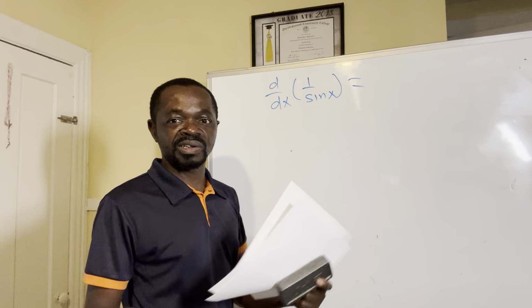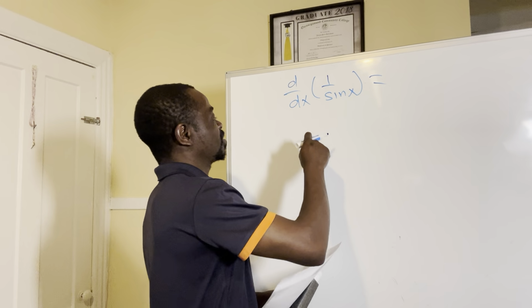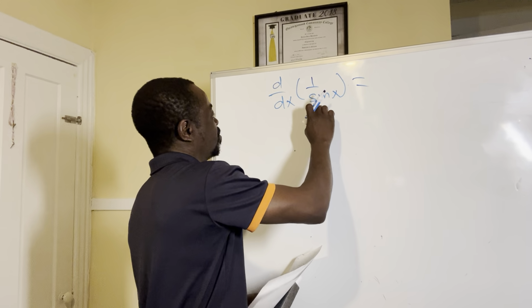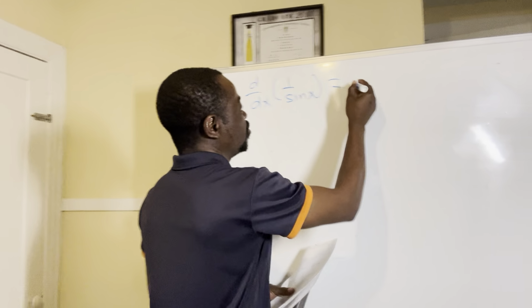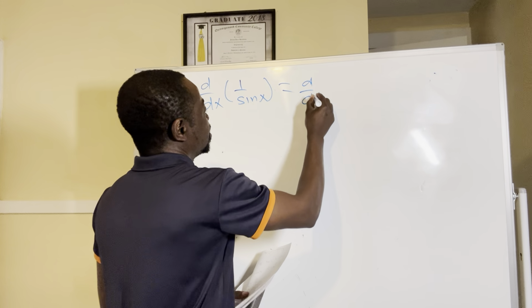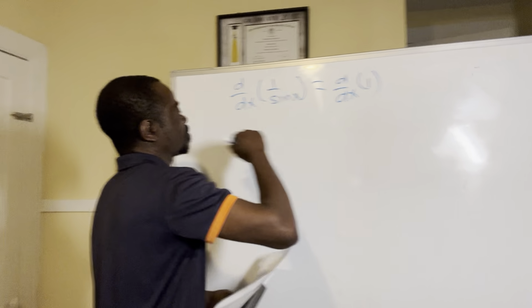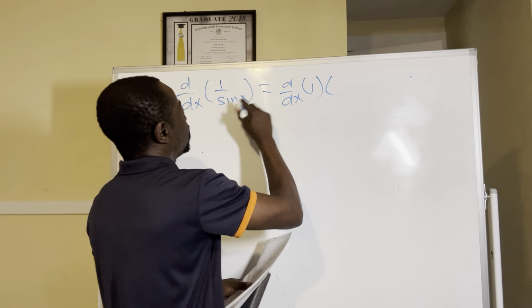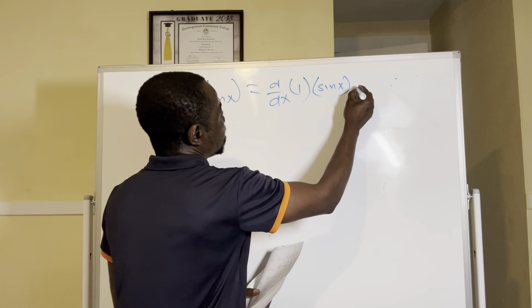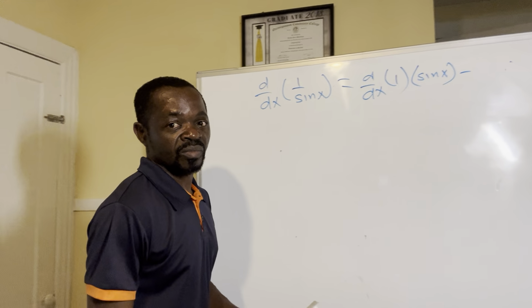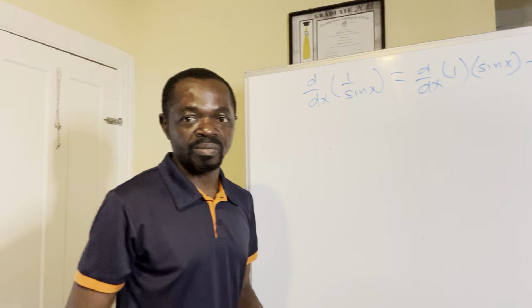so we still apply the same quotient rule. So we hold the guy at the bottom constant, then we differentiate the guy at the top. So d dx of 1, then multiply by sine of x, and then this is minus, we hold the guy at the top and differentiate the guy at the bottom.